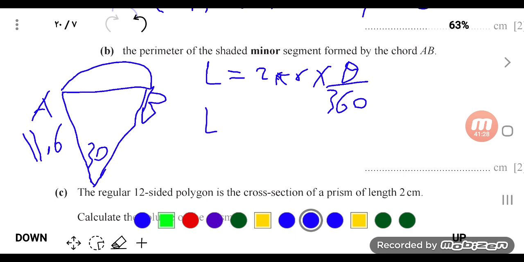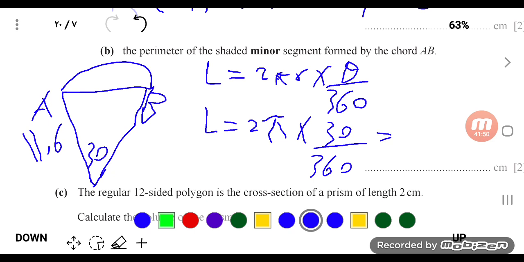So length of arc is equal to 2 pi r, from the calculator, pi times theta 30 over 360. Okay, now plus the answer that you get, you add it to the segment AB, which is 6. So let's write here plus 6, and let's write here perimeter.